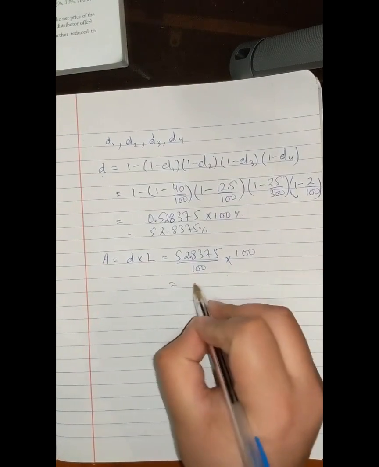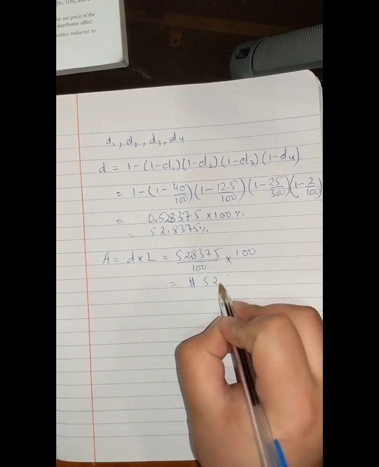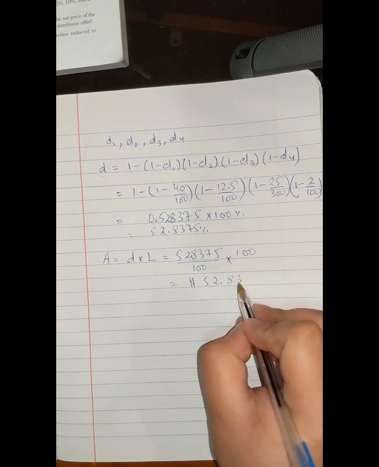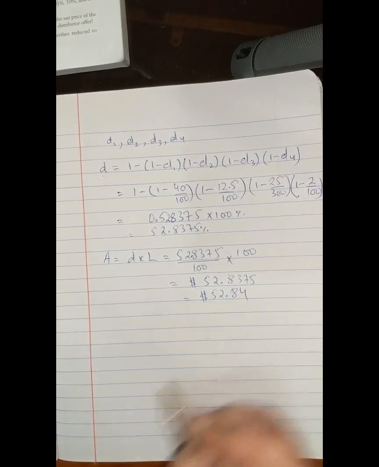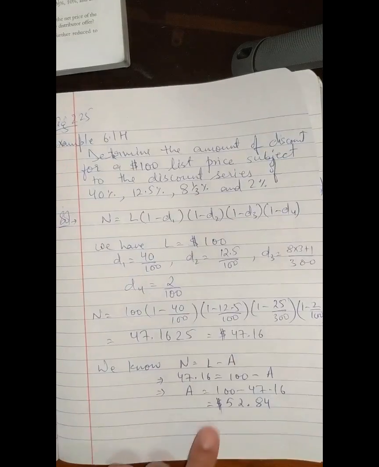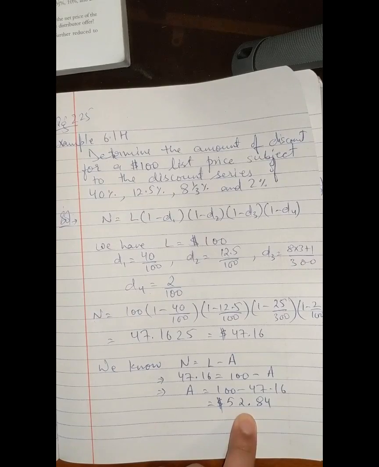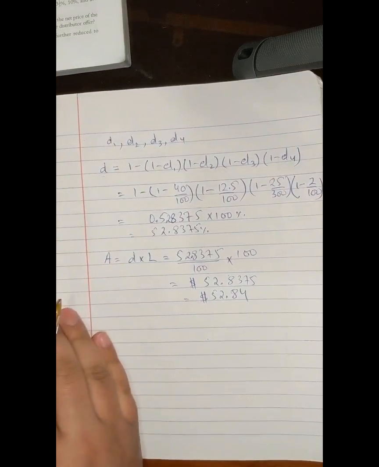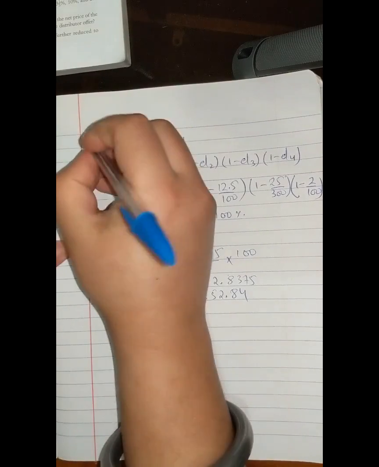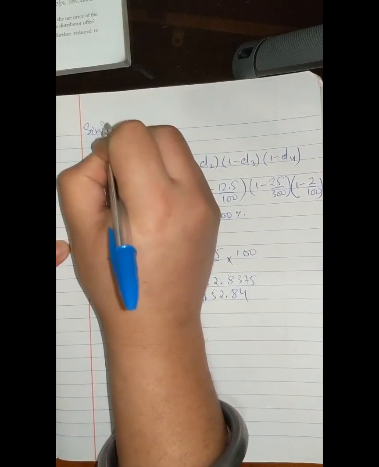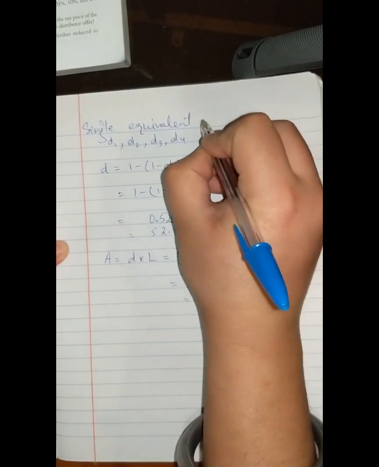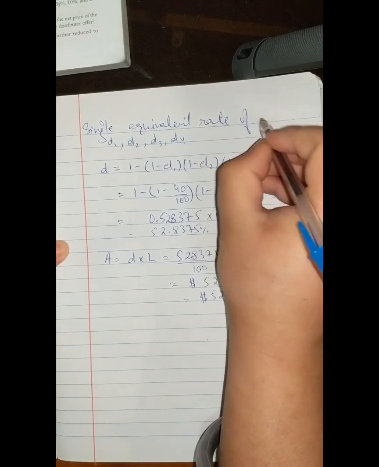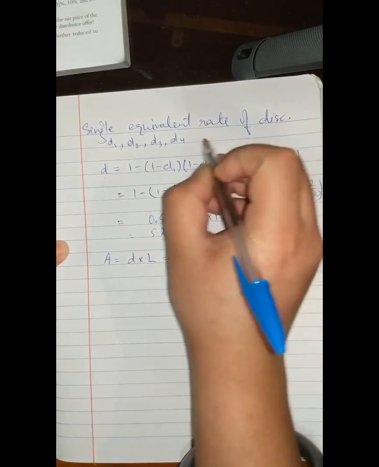So I got 52.8375, which is nothing but 52.84. Same. So this is called the single equivalent rate of discount.